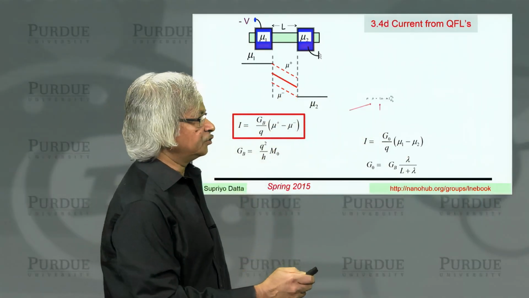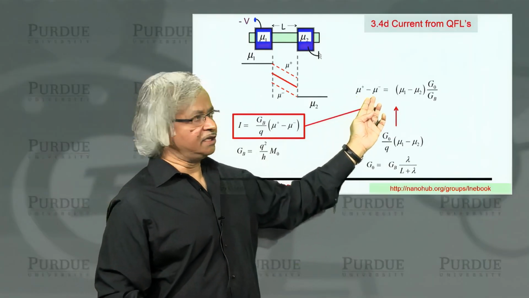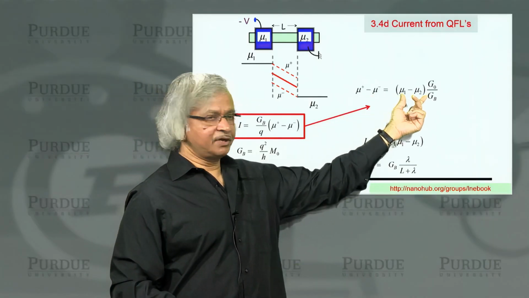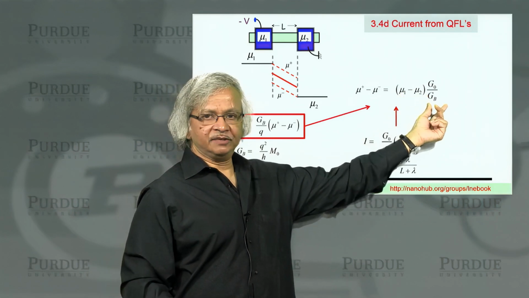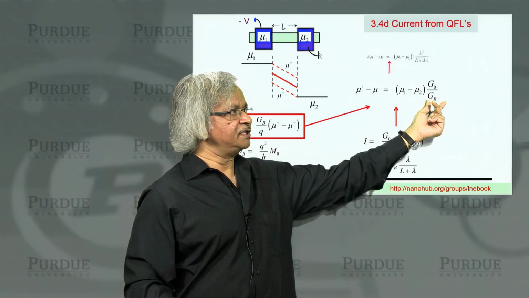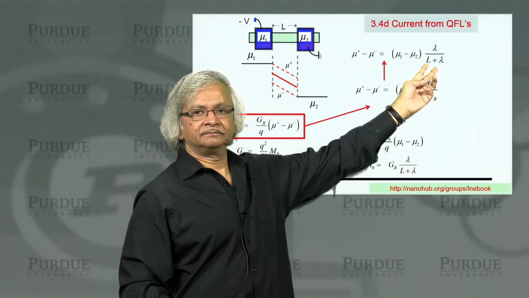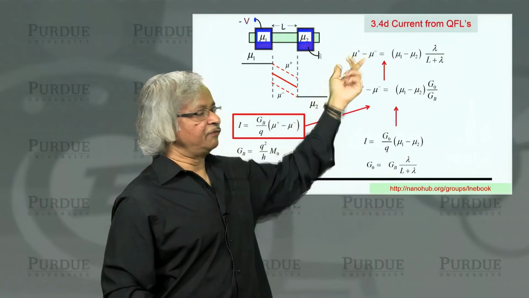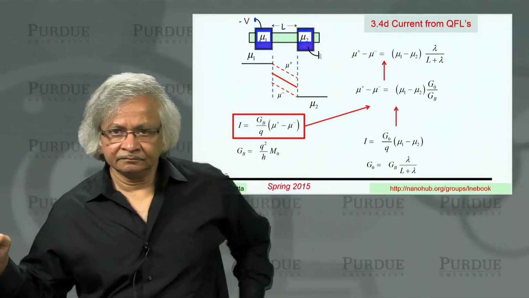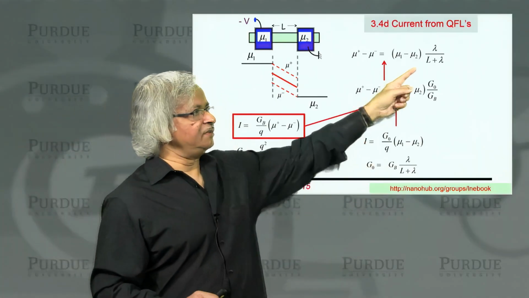So you could connect the two and say the quasi-Fermi level separation must be equal to the separation between the two contacts times G0 over GB. And G0 over GB you could write as lambda divided by L plus lambda, where lambda is the mean free path. So the point to note is, if you had a ballistic conductor, that means L is much less than the mean free path.